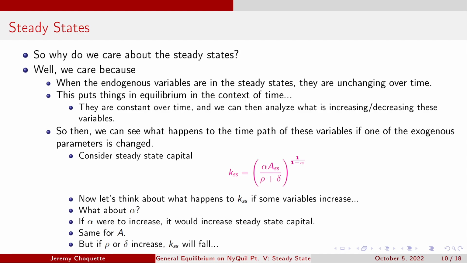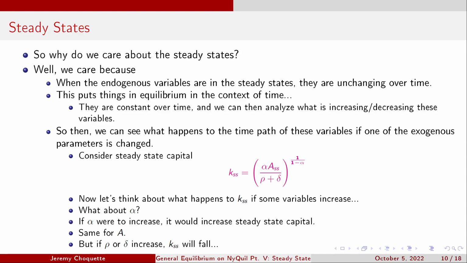But let's look at the two guys in the denominator, rho and delta. Rho is how impatient you are. If you're more impatient, you're less likely to invest, because you want to consume more today and invest less. So if you're more impatient, you're consuming more, which means you're buying less capital.